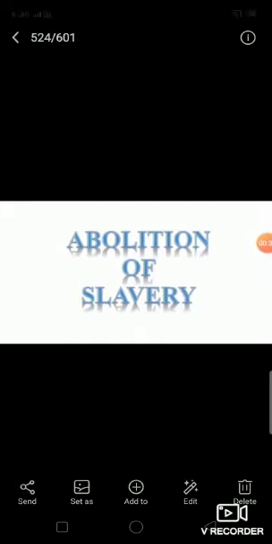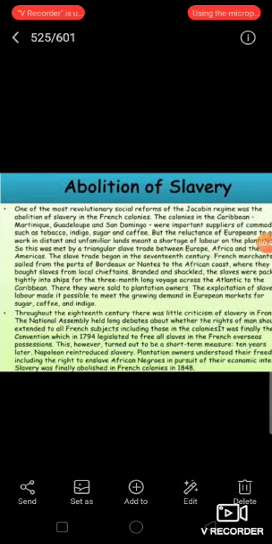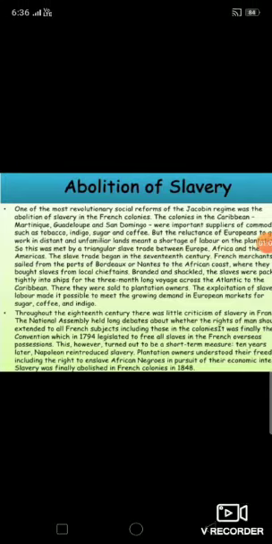Now, students, abolition of slavery. One of the most revolutionary social reforms of the Jacobin regime was the abolition of slavery in the French colonies. The colonies in the Caribbean, Martinique, Guadeloupe, and Saint Domingue, were important suppliers of commodities such as tobacco, indigo, sugar, and coffee.